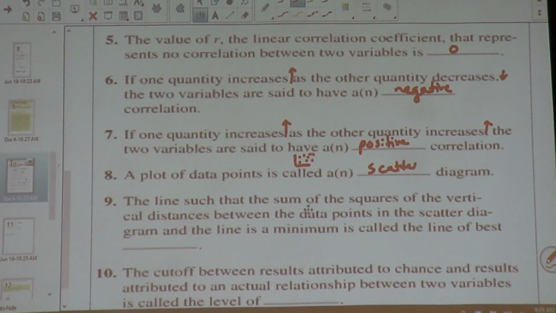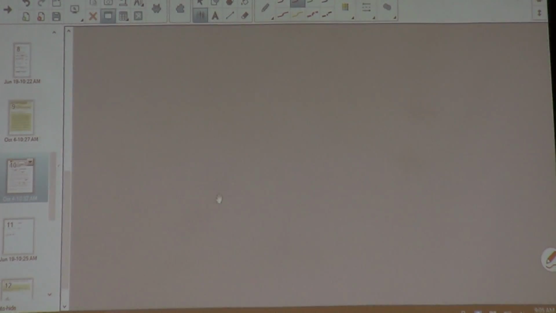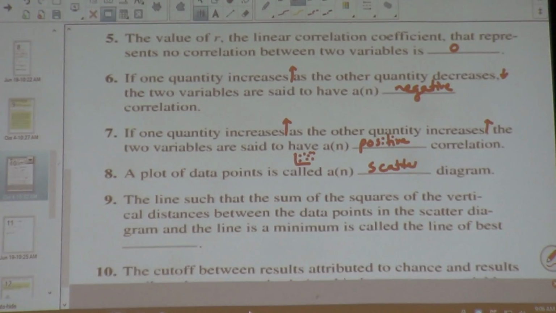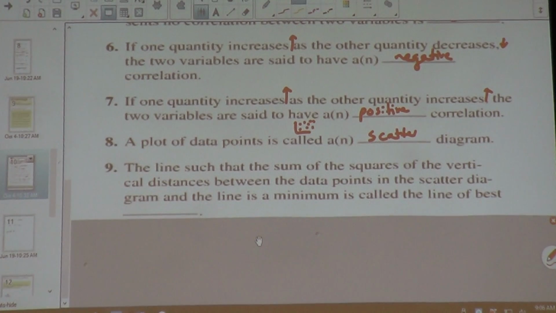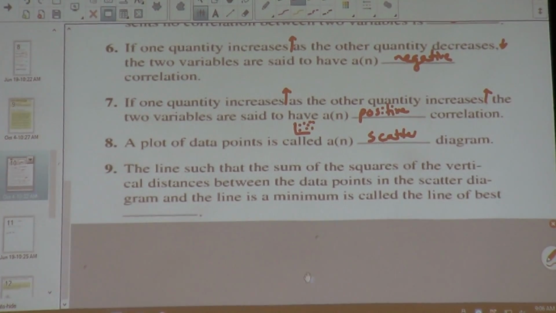The line such that the sum of the squares of the vertical distances between the data points and the scatter diagram and the line is a minimum is called the line of best fit. Y'all with me? Yes.